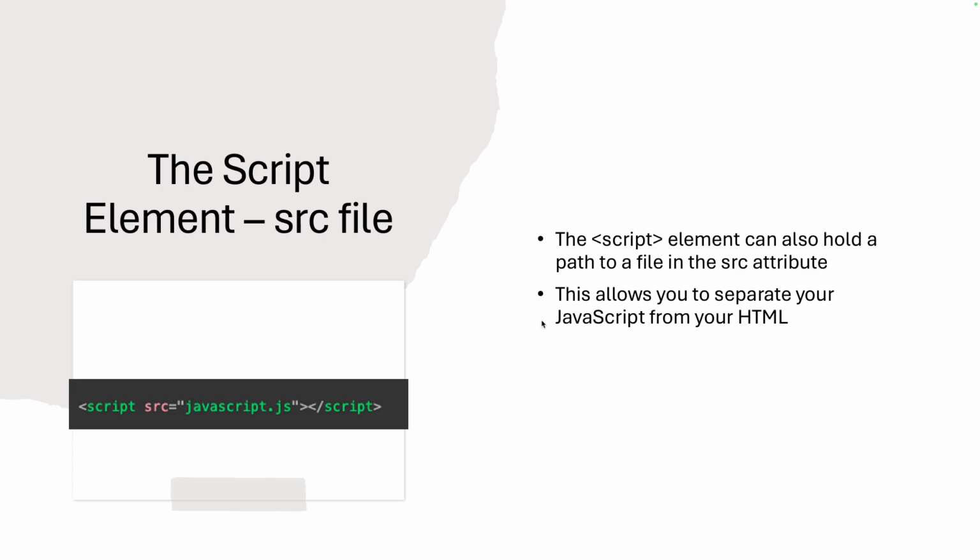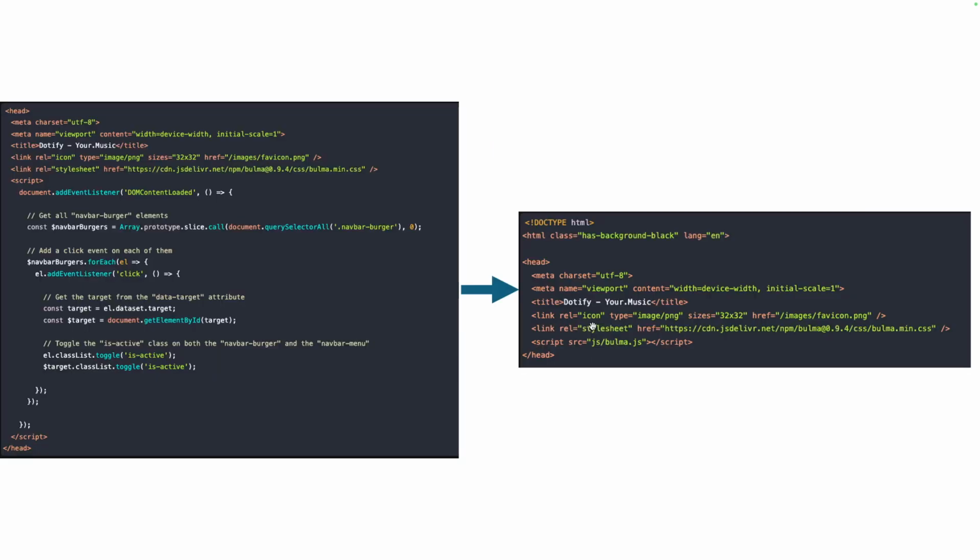Separation of concerns is likely a very good idea here. So we can move our code from having this script here and all this complexity in here to what we have over on the right hand side, where we'll just have a source set on our script tag to say look in JS/Bulma.